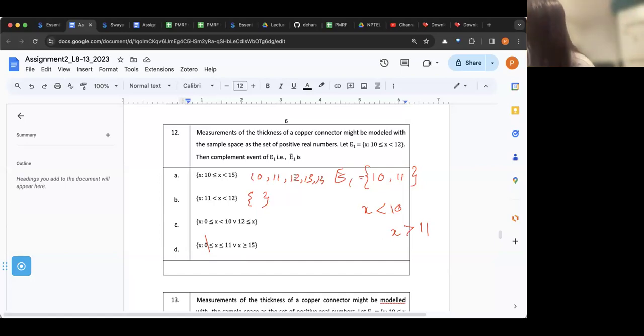And here you have numbers 0, 1, 2 until 9, which is x less than 10, and x less than 12.